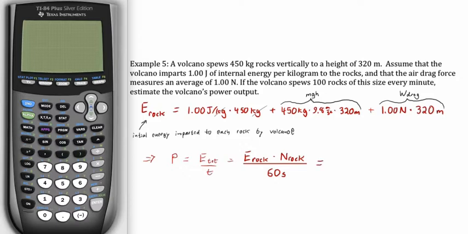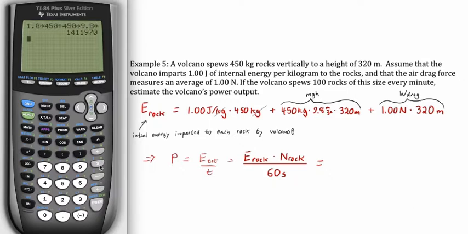All right, so let's plug in our values. Let's find the energy per rock. That's going to be 1 multiplied by 450, plus 450 times 9.8 times 320, which is the potential energy. And then I just need the drag energy, our third term, which is 1 again, times 320.